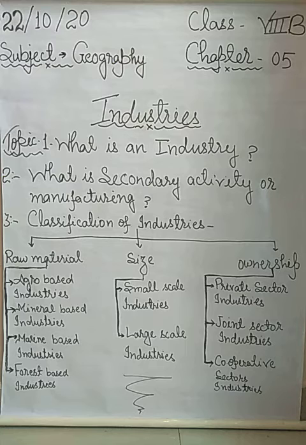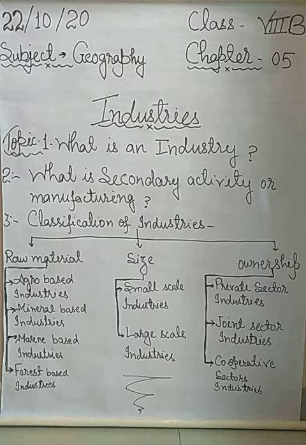After that, industries on the basis of size are further divided into small scale industries and large scale industries, and industries on the basis of ownership are divided into private sector industries, joint sector industries, and cooperative sector industries.